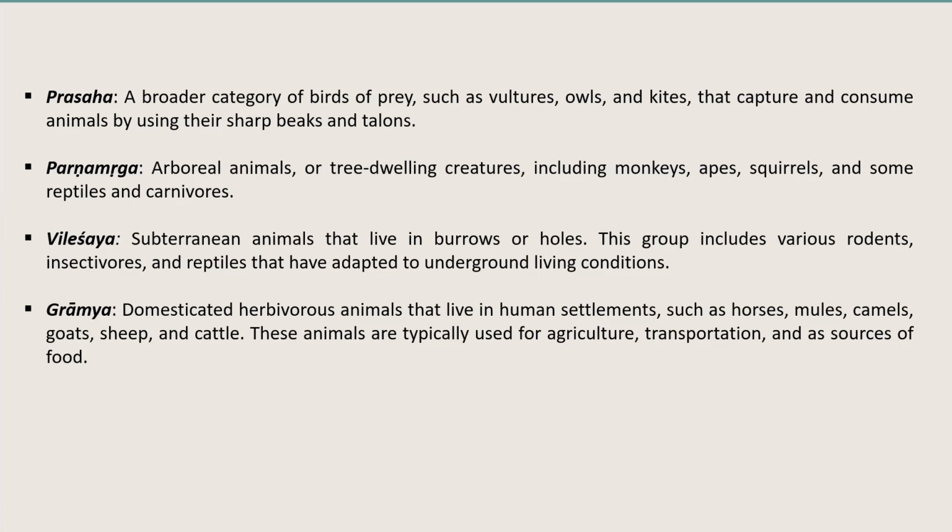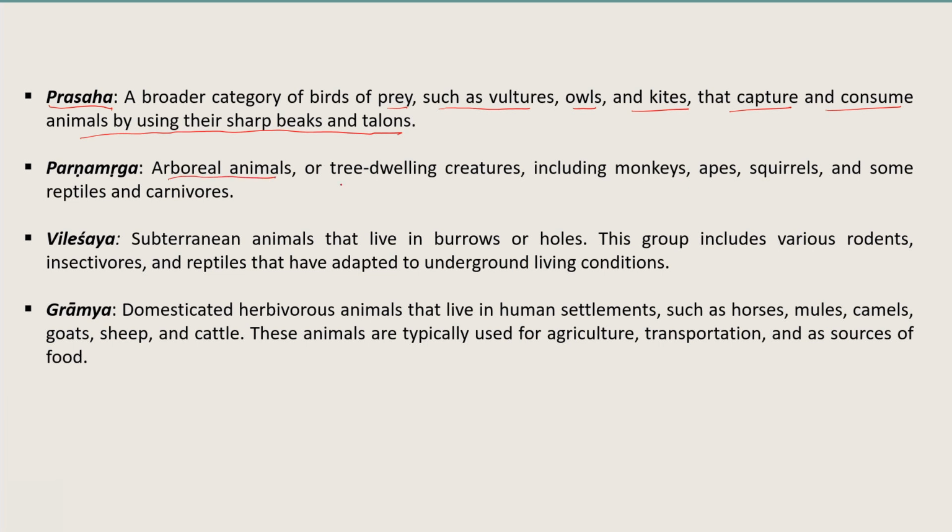Next is Prasaha, a broader category of birds of prey such as vulture, owl and kites that capture and consume animals by using their sharp beaks and talons.